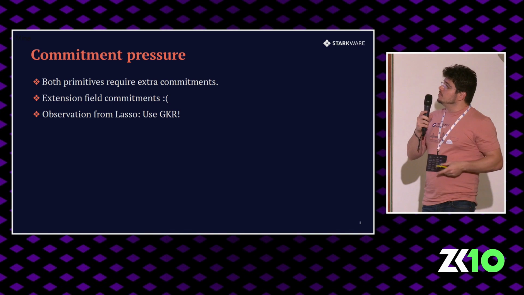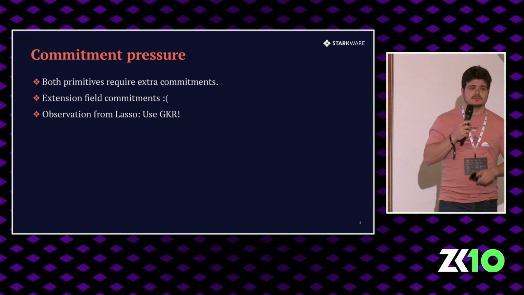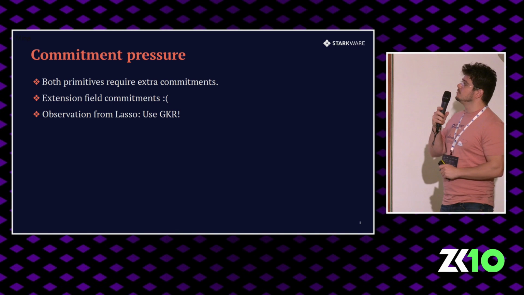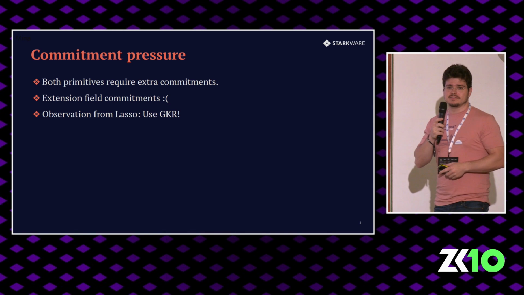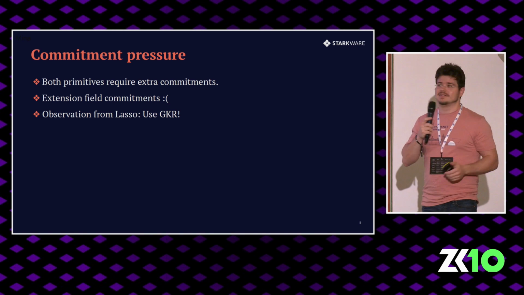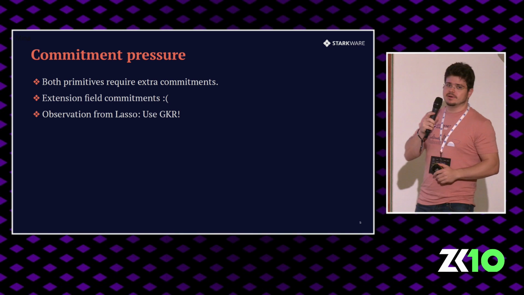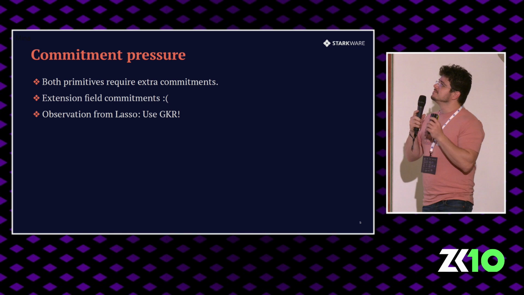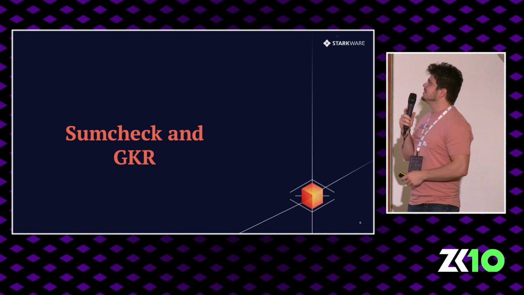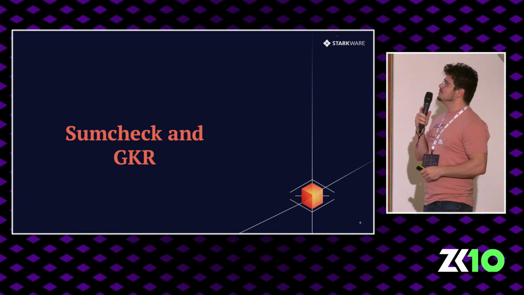An observation from the Lasso paper, if you were at the Lasso lecture earlier, is to use GKR for this. Okay, so nice letters, GKR, but what do they mean? I'll try to explain what GKR means, and hopefully you won't get lost too much.